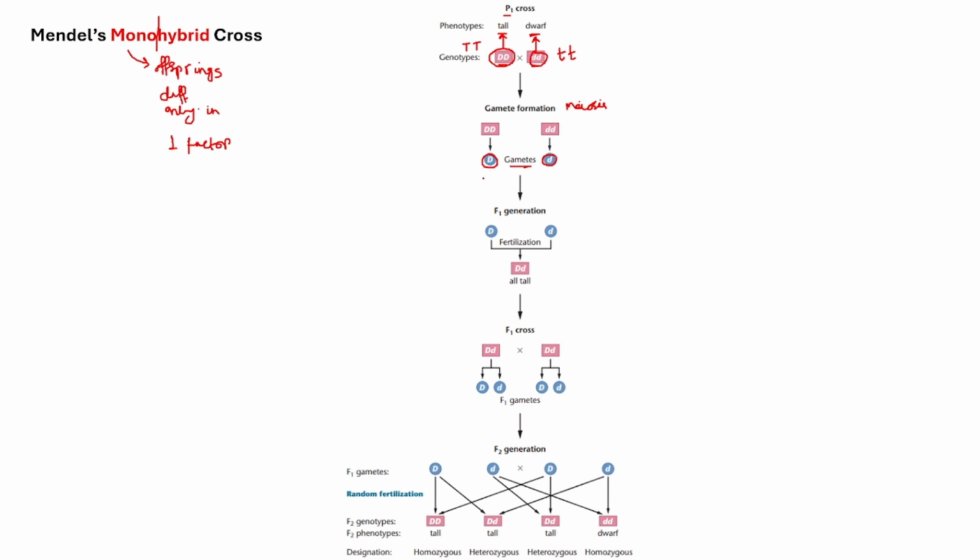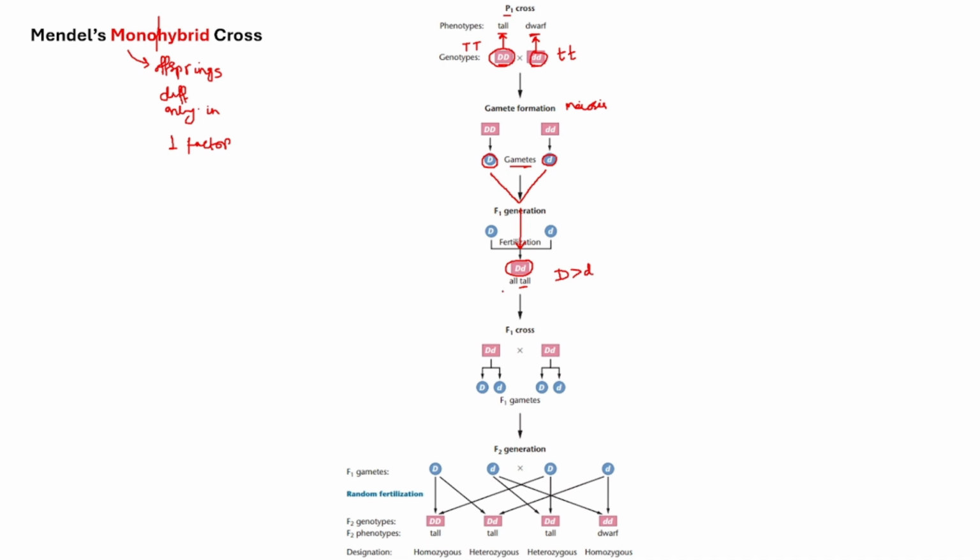Now what will happen when these gametes unite? When they unite, you will get the F1 generation, where the genotype will be capital D small d, and the phenotype will be tall. Why? Because capital D is dominant over small d. Capital D is the factor for tallness and small d is the factor for dwarfness, and by definition tallness is dominant over dwarfness.